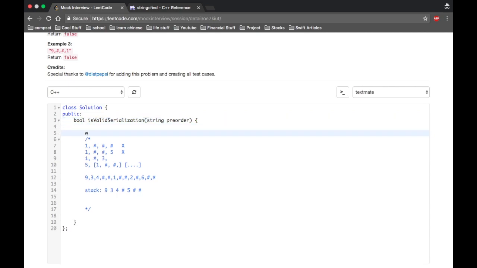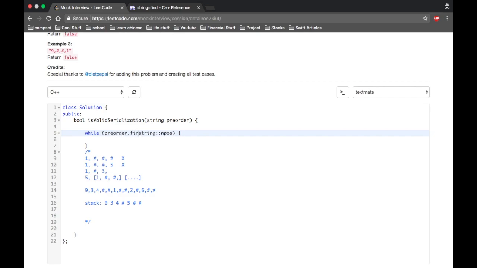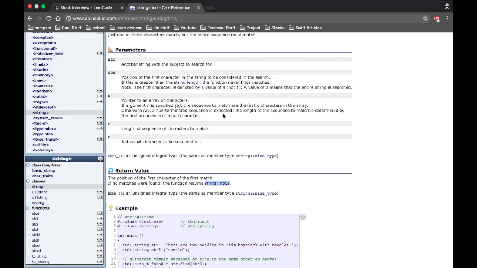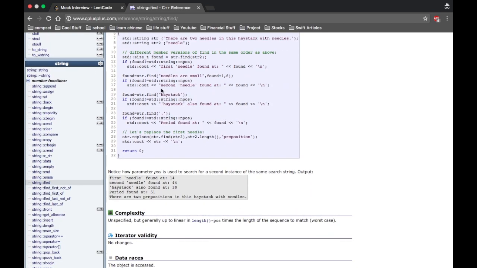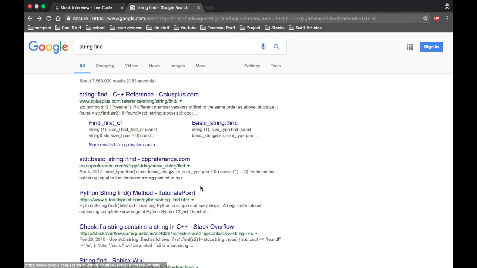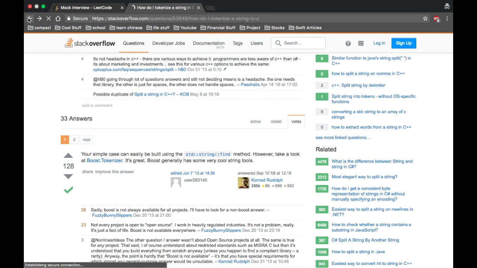So this is what I'm proposing. While preorder dot find, okay, and we're trying to find, wait, I don't know if that's the one I'm looking for.